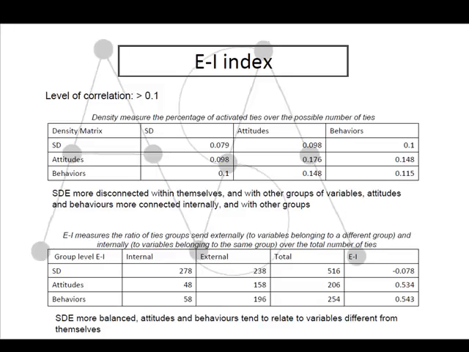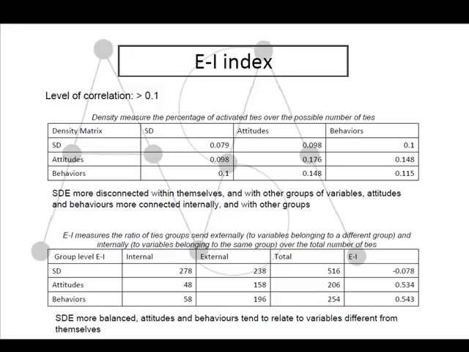Now, when I apply this EI index, the EI index measures the ratio of ties that groups send externally to variables of a different group, and internally to variables belonging to the same group, over the total number of ties that are there. So we can see that socio-demographic variables tend to send the same number of ties to other socio-demographic and socioeconomic variables as they send to different kinds of variables.